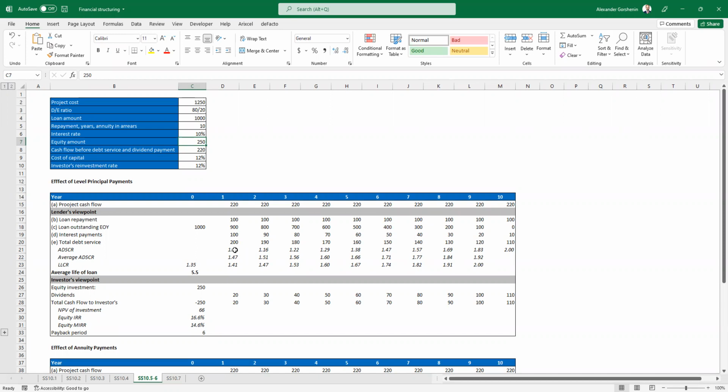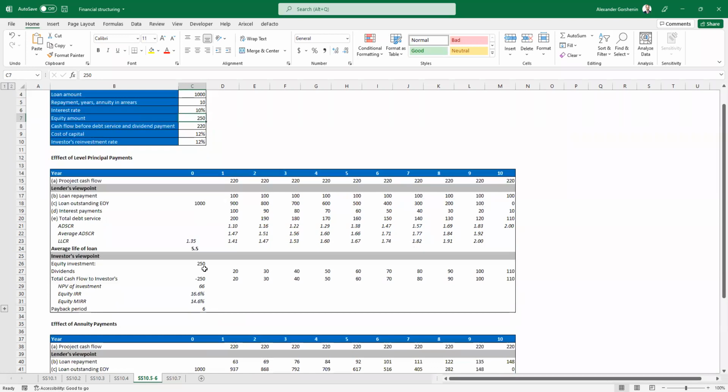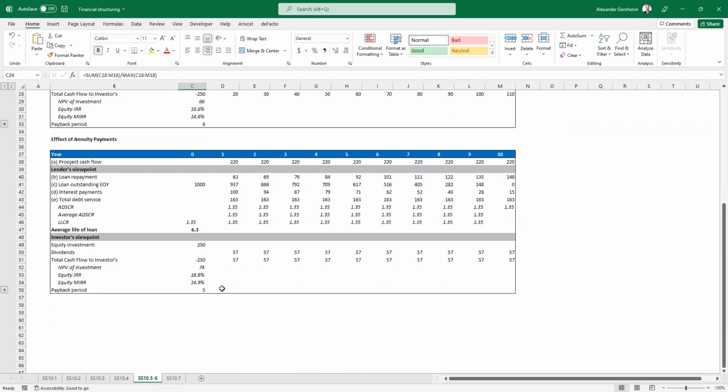However, an annuity repayment structure considerably increases the debt service payments and so reduces the ADSCR in the later years of the project. It also increases the average life of the debt. You can see in this table the average life of the debt is 5.5, while here with annuity payment we have 6.3.